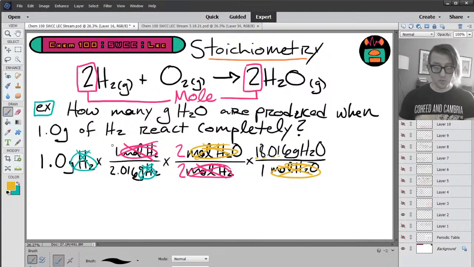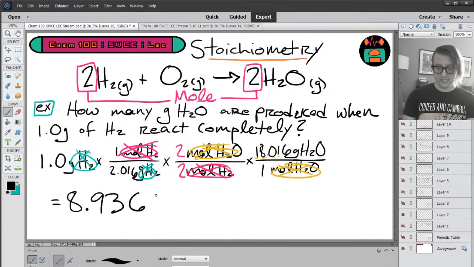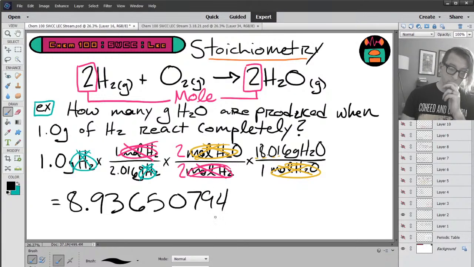And now we're ready to crunch our numbers. 1 divided by 2.016 times 2 divided by 2 times 18.016. My calculator is telling me that the answer is 8.93650794.